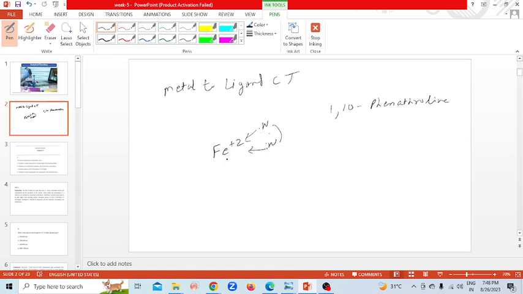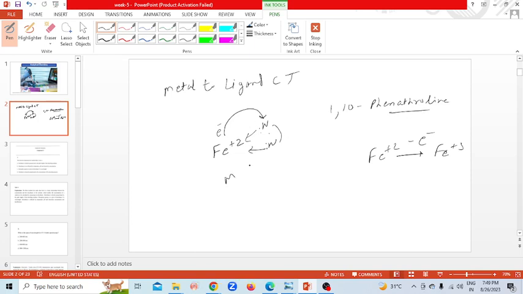So what is happening here? It is iron plus 2, and iron has a tendency to change from Fe plus 2 to Fe plus 3, so it will give an electron. This electron will move from iron Fe plus 2 to 1,10 phenanthroline.